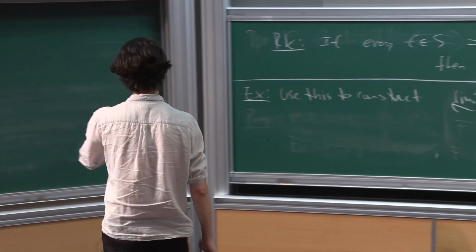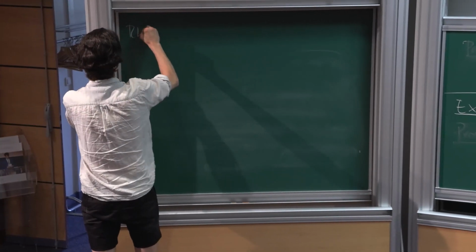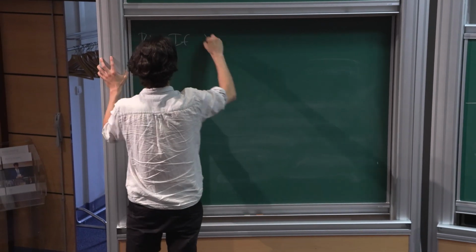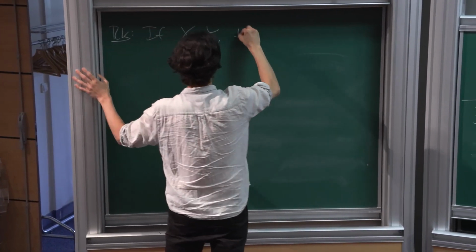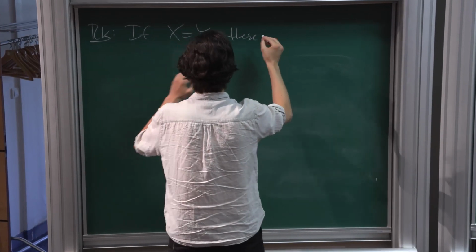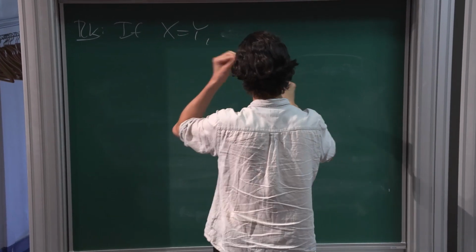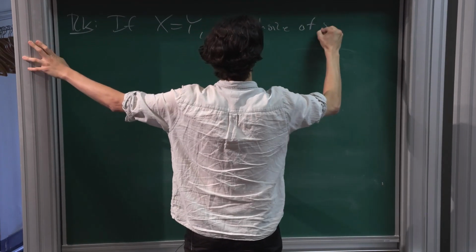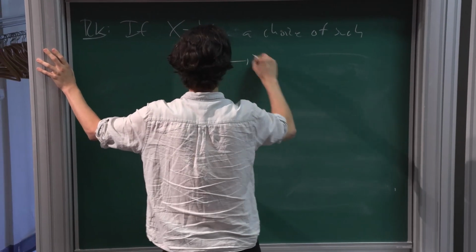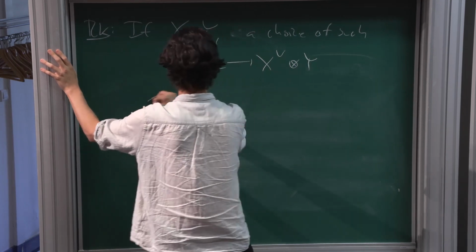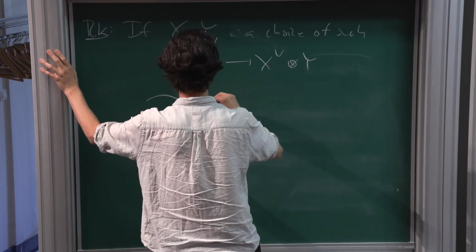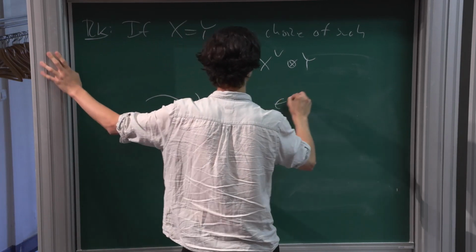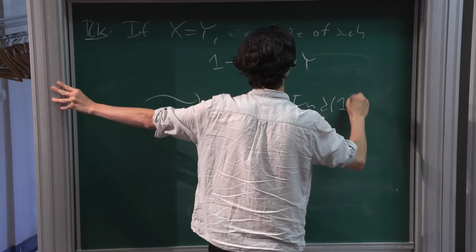So remark, what's the reason for the name? The reason for the name is that if X equals Y, then a choice of such a map, 1 going to X dual tensor Y, gives rise to a notion of trace, which will be an endomorphism of the unit.